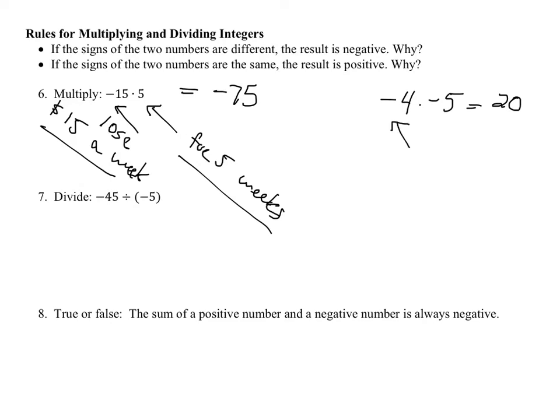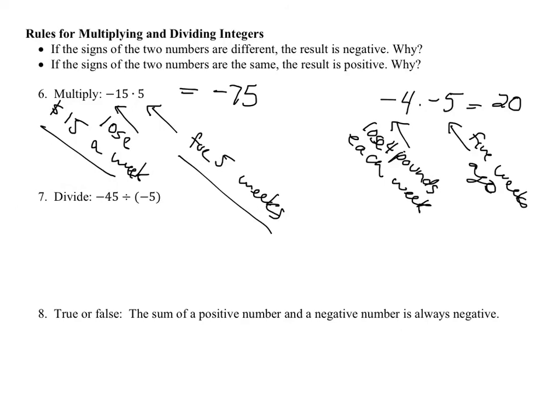Well, let's say I go on a diet and I lose 4 pounds each week. Okay? Then 5 weeks ago, I was actually 20 pounds heavier than I am now. Negative 4 times negative 5 gives me a positive 20. Negative times negative is positive.